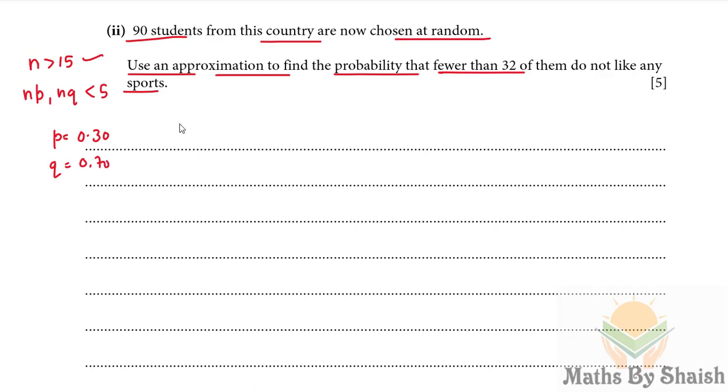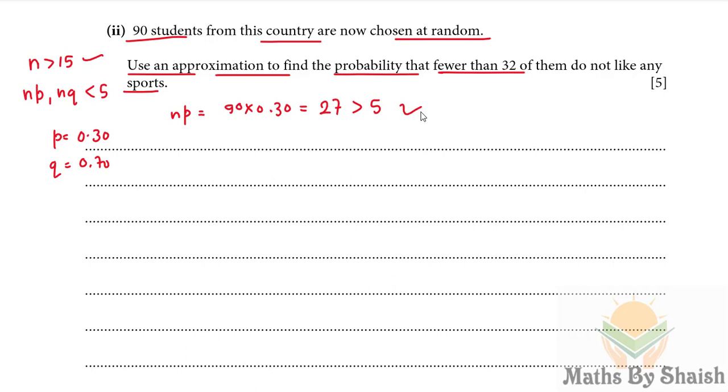So np is going to be 90 into 0.30, 9 3s are 27. So 90 into 0.3 is 27, which is greater than 5. Satisfied?